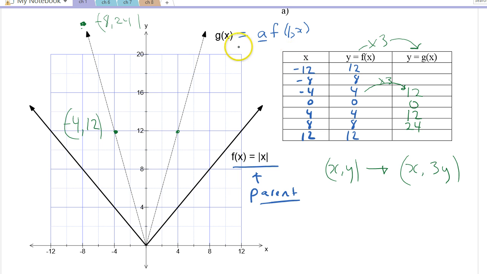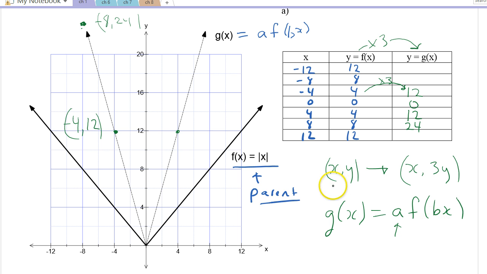So going back over here to my definition of g of x, I'll write out the A and the F and all this kind of stuff. Okay, so what do these different letters do? The A multiplies my y values, and the 1 over B multiplies the x values.